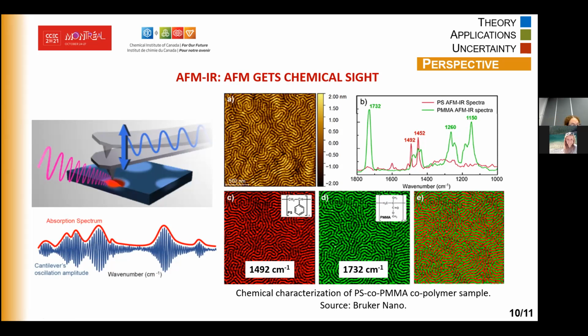The local thermal expansion that occurs when the incident IR radiation matches the material absorption bands excites the cantilever response, which can be used then to generate an absorption spectrum. By mapping the cantilever oscillation at a wavelength that is characteristic of a given chemical functional group, one can map its distribution on the surface.